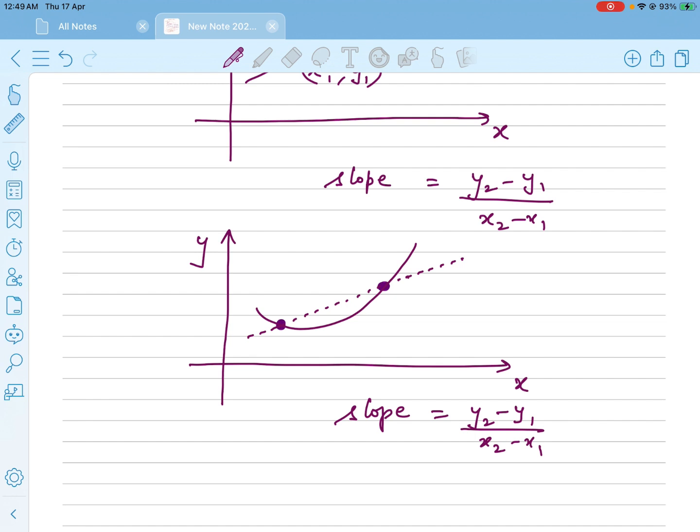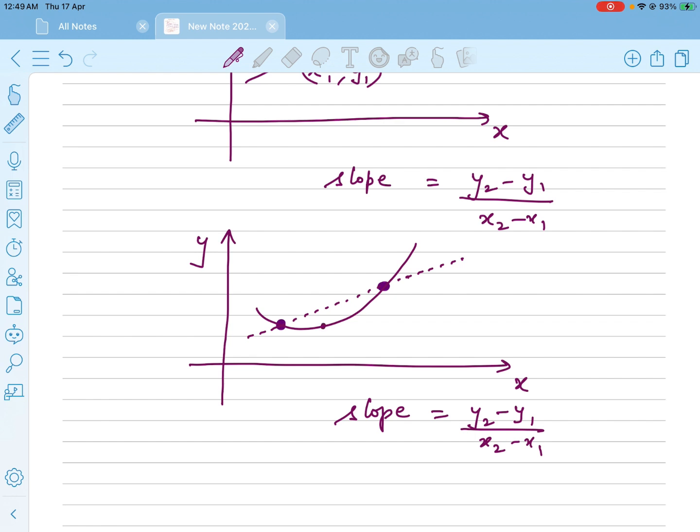So we cannot find out the slope of the curve by this method. Instead, what we do is we bring the 2 points so close to each other that they are almost overlapping.